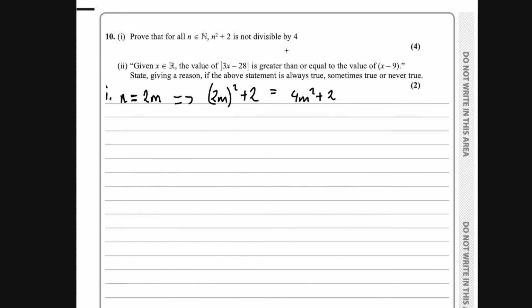And I'm going to go ahead and try and divide it by 4. And what we can see is that this divides quite nicely, but this here becomes 2 over 4, which in other words is a half. And what this means is that we've got a remainder of a half, which means that for all even numbers, n squared plus 2 is not divisible by 4.